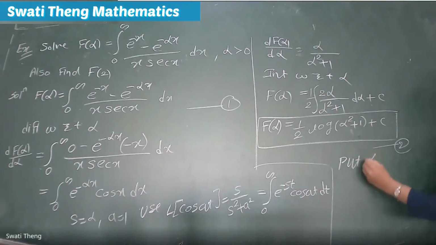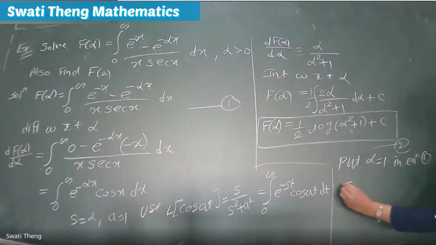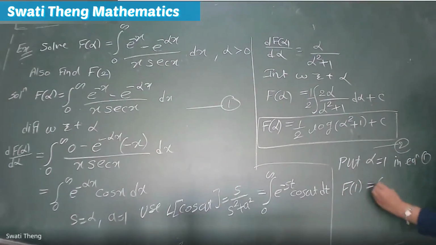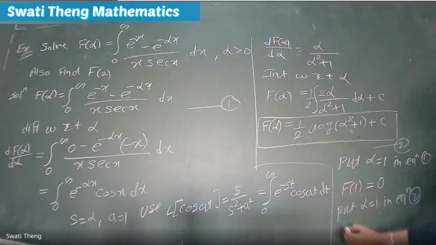Put alpha equals 1 in equation 1. In equation 1, if we put alpha equals 1, then f of 1 equals the integral which is 0. That means we know the value of the function at 1. So if one value is known, using this condition we can find c. Same way, if we put alpha equals 1 in equation 2, then the left hand side is 0 because the function at 1 is 0.